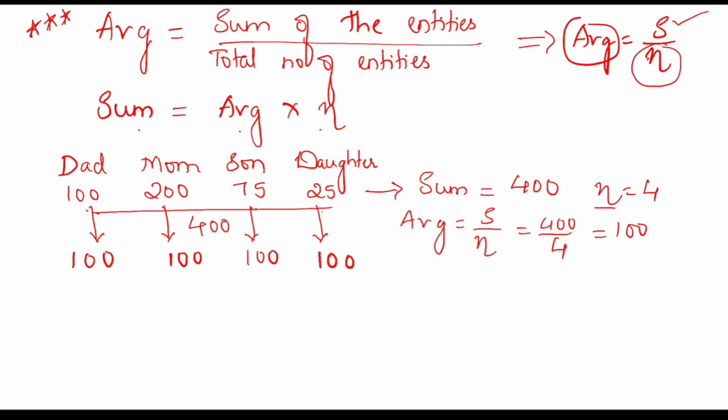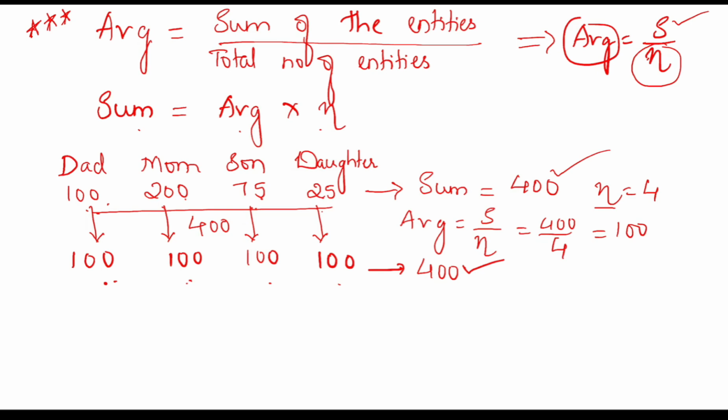Now when we add, 100 plus 100 plus 100 plus 100, again the sum is 400 itself. So what I want to say is the sum always remains the same. The money might change but the sum always remains the same.